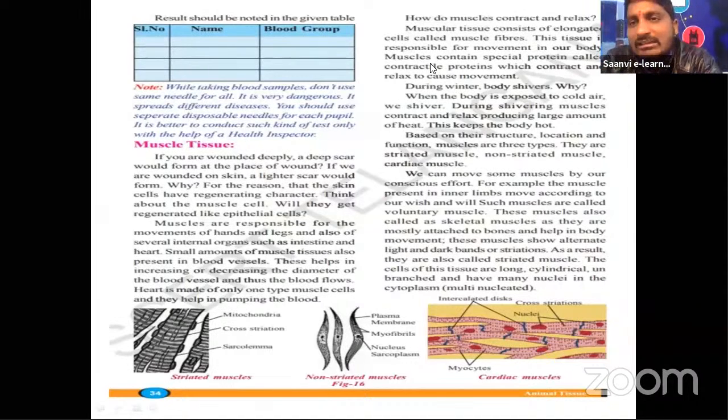See here, how do muscles contract and relax? Muscular tissue consists of elongated cells called muscular fibers. This tissue is responsible for movement in our body, and muscles contain a special protein called contractile protein.